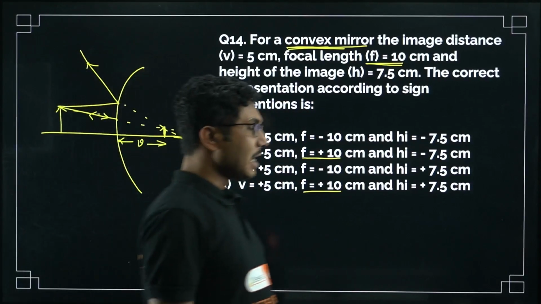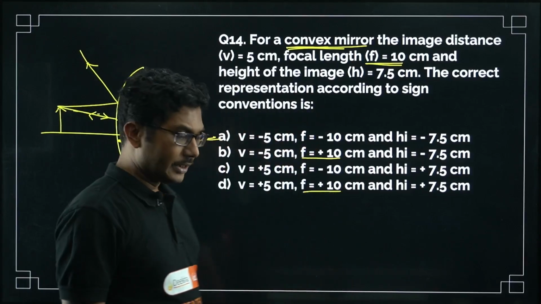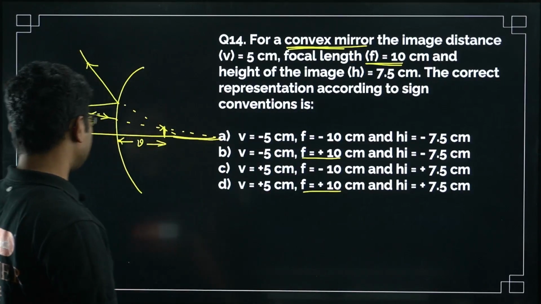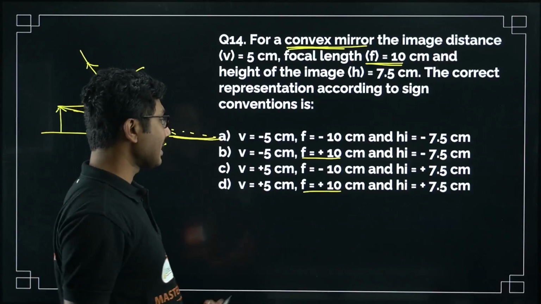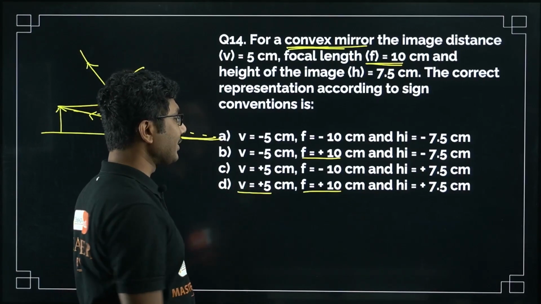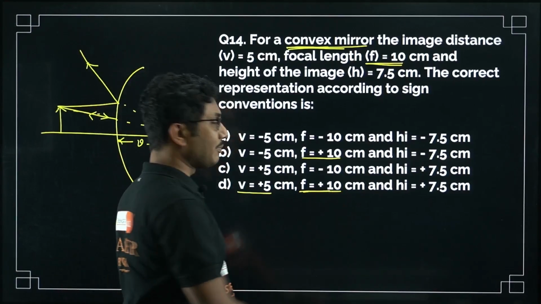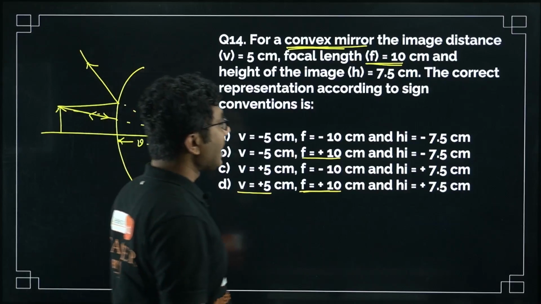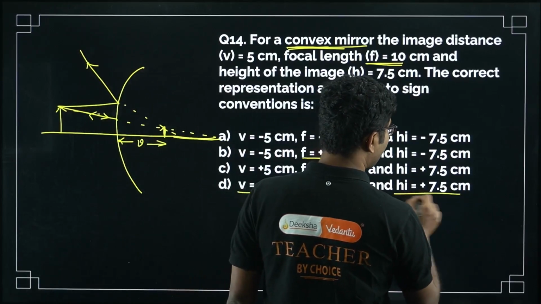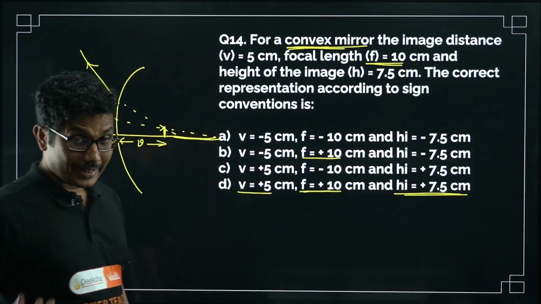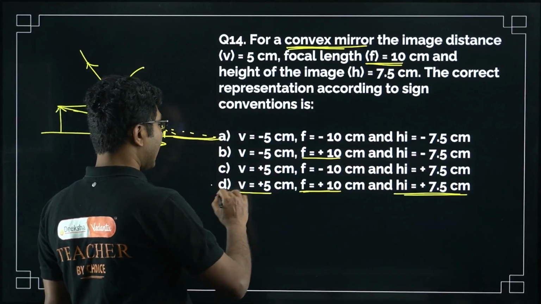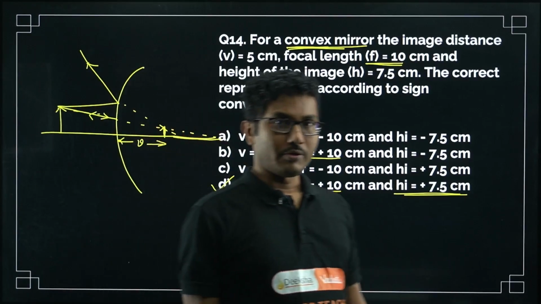So don't be confused about mirrors and lenses. For a mirror, the image distance will be positive, focal length will definitely be positive because it's a convex surface, and object distance is always positive, object height is always positive. So the correct answer is option D. Clear?